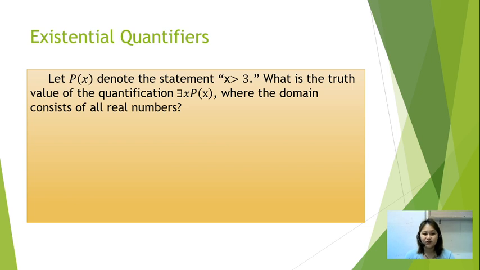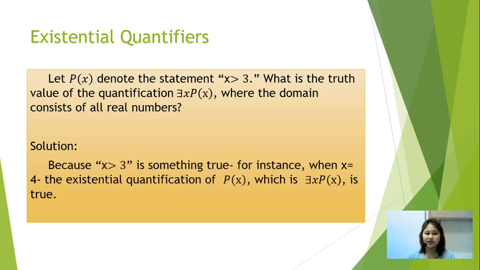What is the truth value of the quantification? There is at least one x, P of x, where the domain consists of all real numbers. So, let's have here the solution. The statement given is x greater than 3. x is greater than 3 is true, for instance, when x is equal to 4.